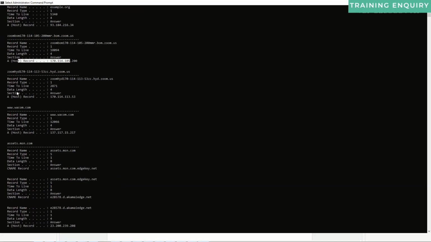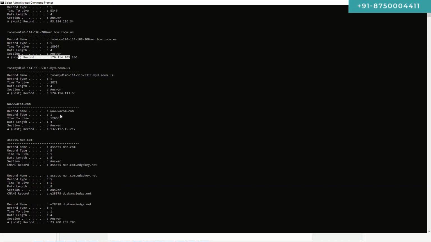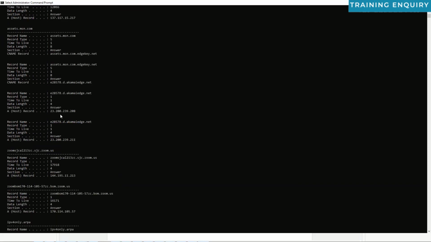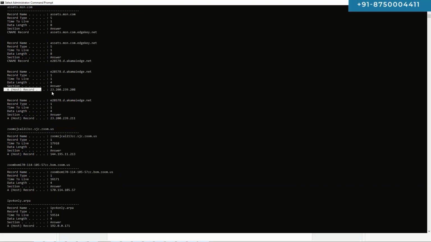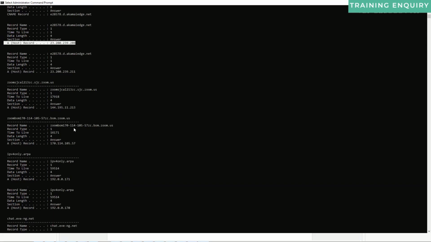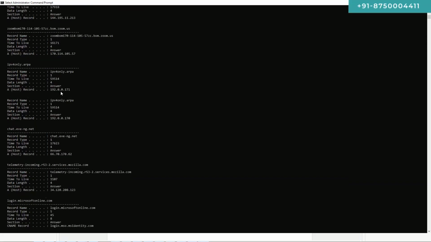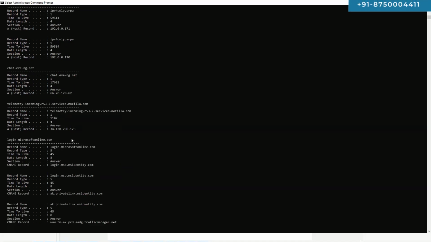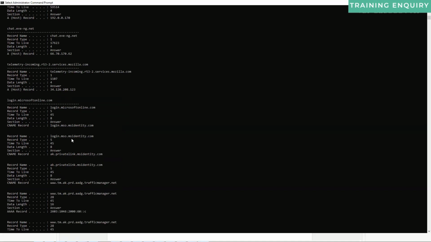And then this is also Zoom, Vacom, and assets.msn.com or whatever, right? Akamai .net. So you can see that, and IPv4 only or whatever. arpa.net, chat.eveng.net, and then we have got login.microsoftonline.com.